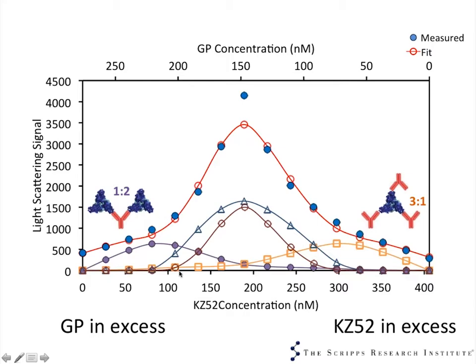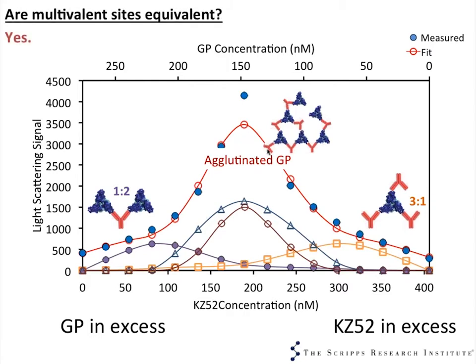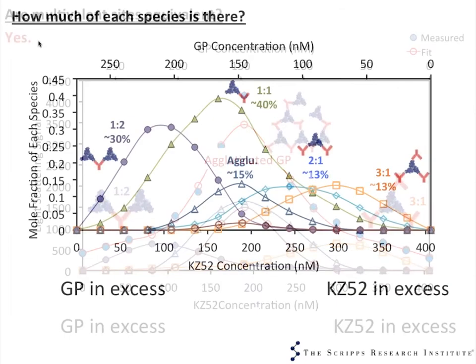And in the middle of the light scattering curve, we have these large agglutinated GP antibody complexes where our multivalent antibody and our multivalent GP form these very, very large complexes. From this, we can determine that the multivalent sites are, in fact, equivalent, as we saw with the 1H3 antibody.